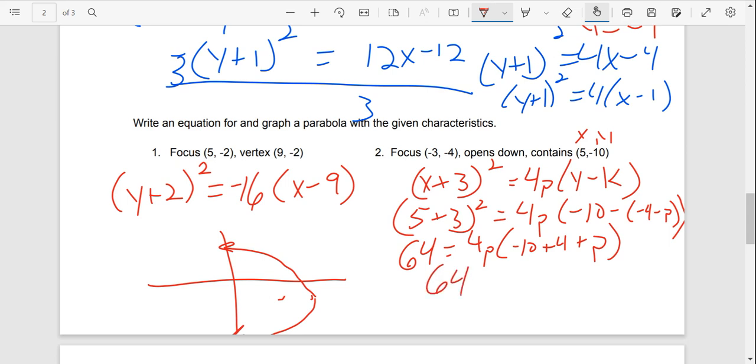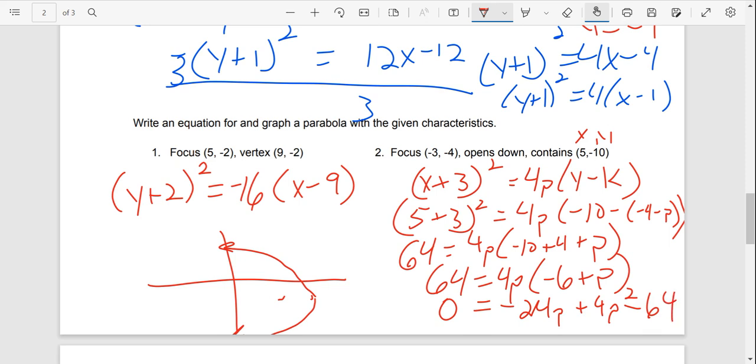Combining like terms, you're going to get negative 6 plus p. And then we're going to do a little bit more and distribute. And it's going to get us negative 24p plus 4p squared. I'm going to move the 64 over. Minus 64.